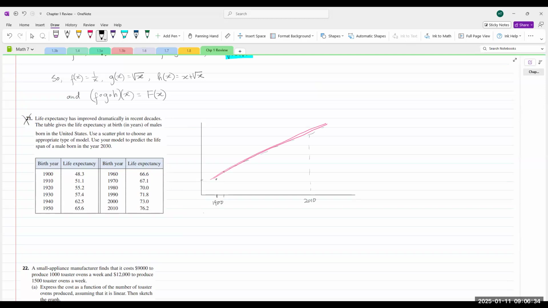So maybe I write the plan. The plan to do this problem is, as they say, sketch the scatter plot. Basically, plot these coordinates for the year and life expectancy.